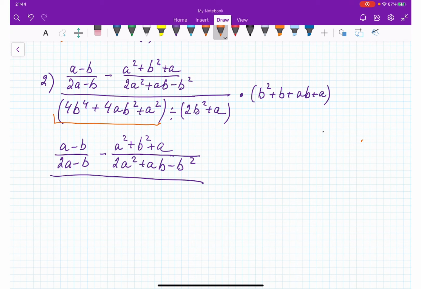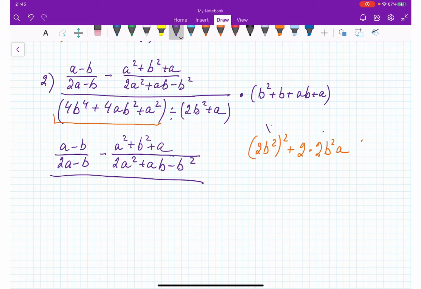I'm going to represent it as (2b squared) to power 2 plus 2 times 2b squared times a, because I want to compare it to (x plus y) squared.